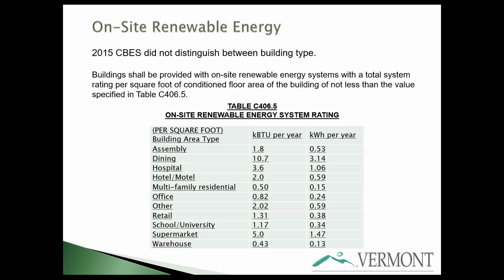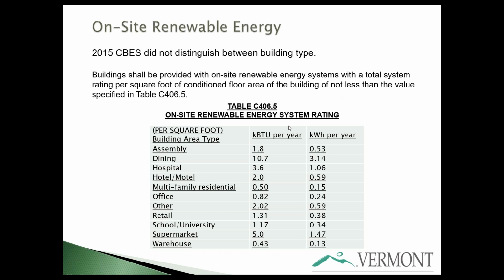On-site renewable energy, this is new to 2019 CBES. It wasn't an option in 2015, so more options are good things. Depending on the type of building you have, you need to provide on-site renewable energy systems with a total system rating per square foot of conditioned floor area of the building of not less than the value specified in 406.5, which I give you here.